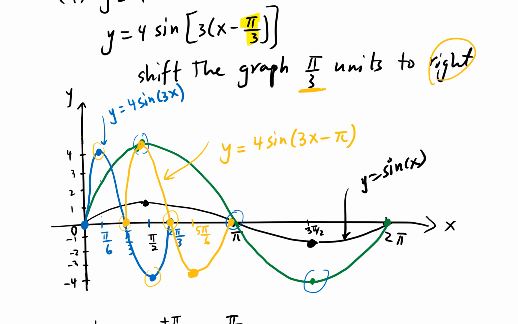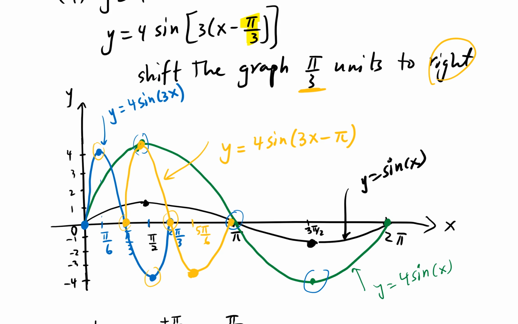Then the next one I graphed is 4 sine x, which is the green one. y equals 4 sine x. What happened is we just stretch the black one up to 4, and then down to -4.